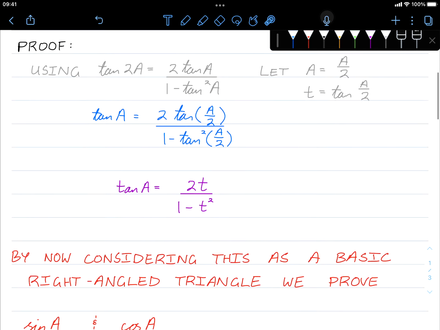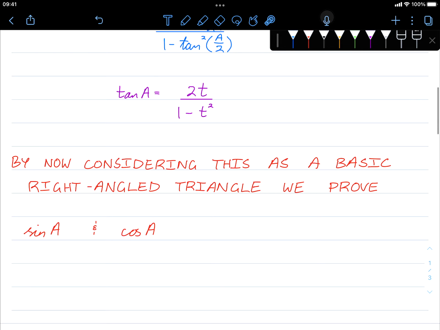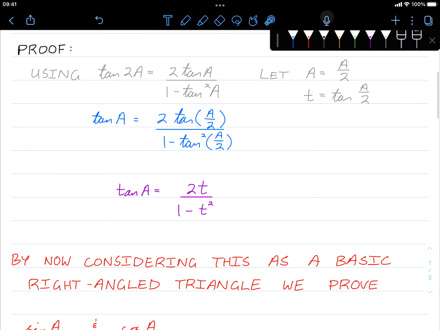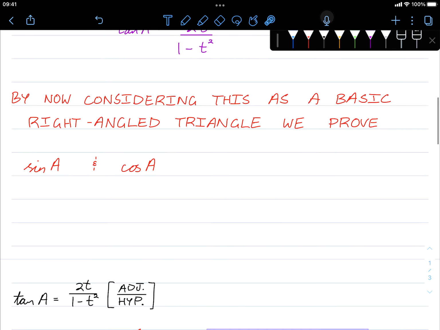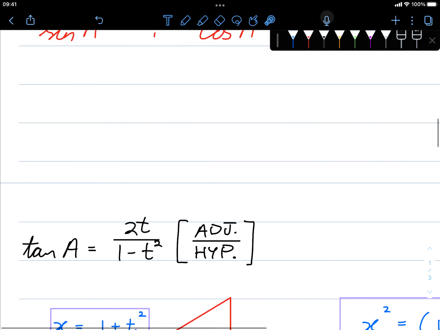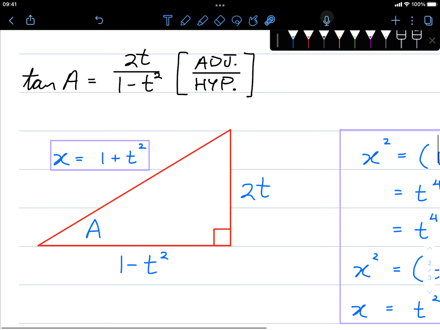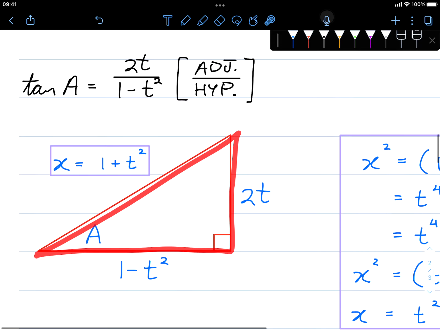Now from here, we're going to consider this as a basic right angle triangle, and we're going to use this to prove sine a and cos a in terms of t. So since we have tan a equals 2t over 1 minus t squared, that is adjacent over hypotenuse. So with some angle A, we have a right angle triangle.